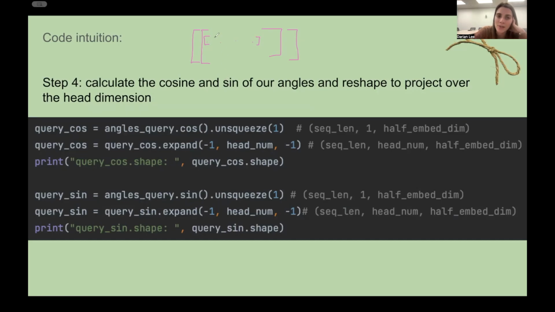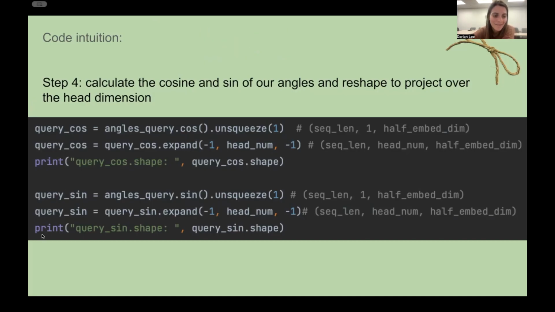So if head num is 2, and let's say we had like 0, 0, 1 in here, then we're just going to duplicate this same embedding over how many head nums we have. So if head num is 2, then we're just going to do it twice. And what essentially this is going to amount to is every different vector we have for each of the different heads in our original query matrix, we're just going to multiply them by the same vector.